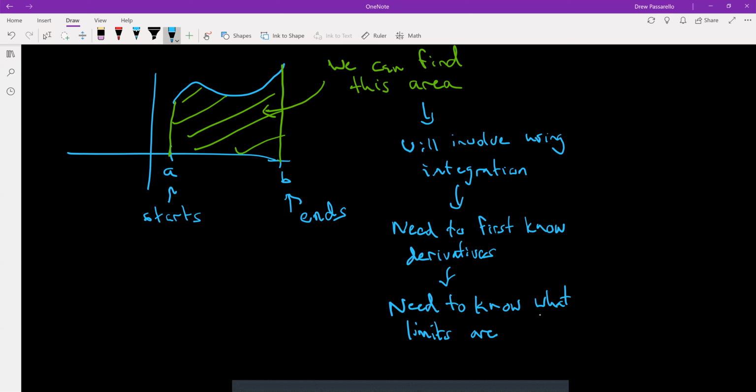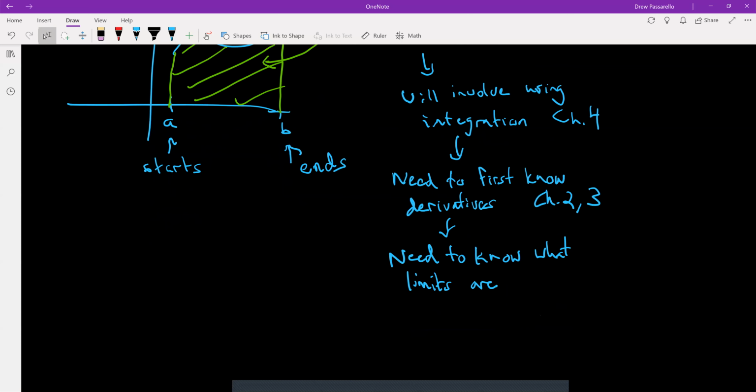All right, and integration, that's in chapter 4. And then this derivative stuff's chapters 2 and 3. And then what we'll be doing from the first part of the course is limits, and that's chapter 1.